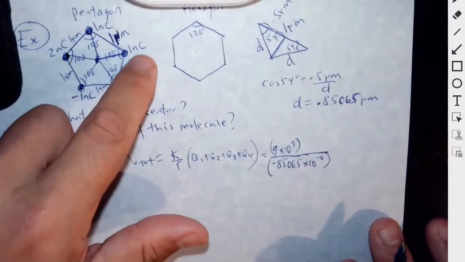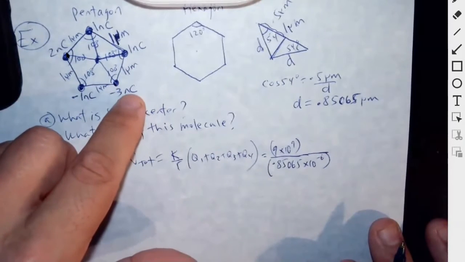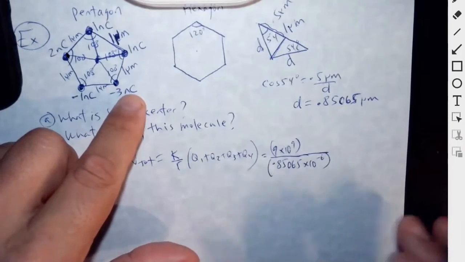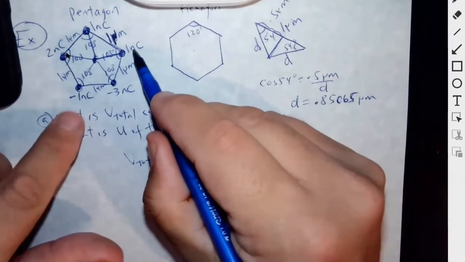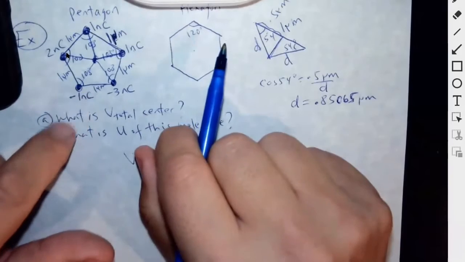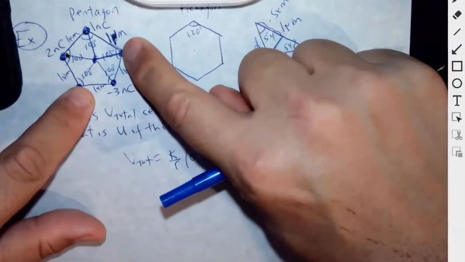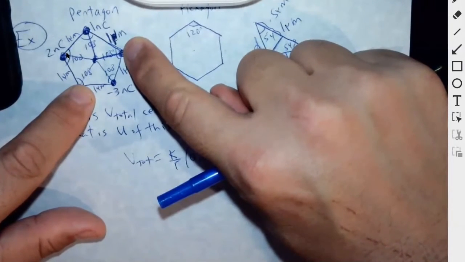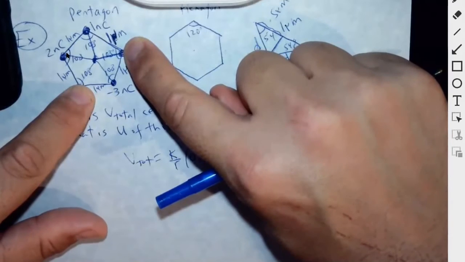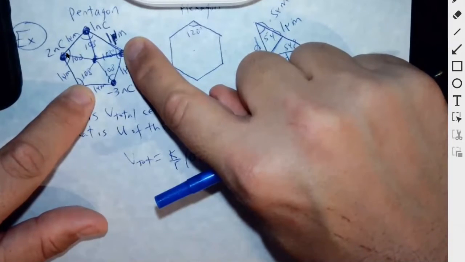So 1, that's 2, -3. Well, actually, you could say this and this cancels. Oh, actually, the total charge is 0.